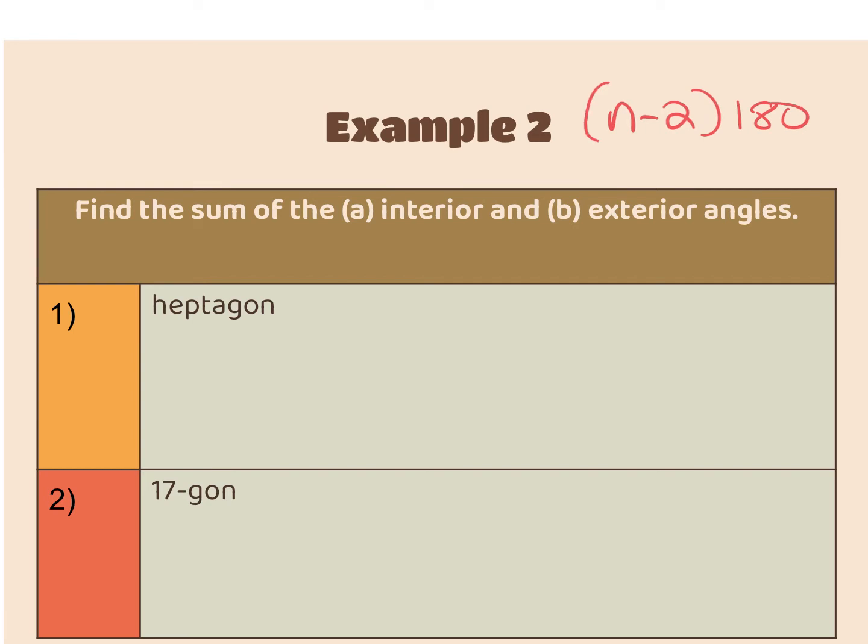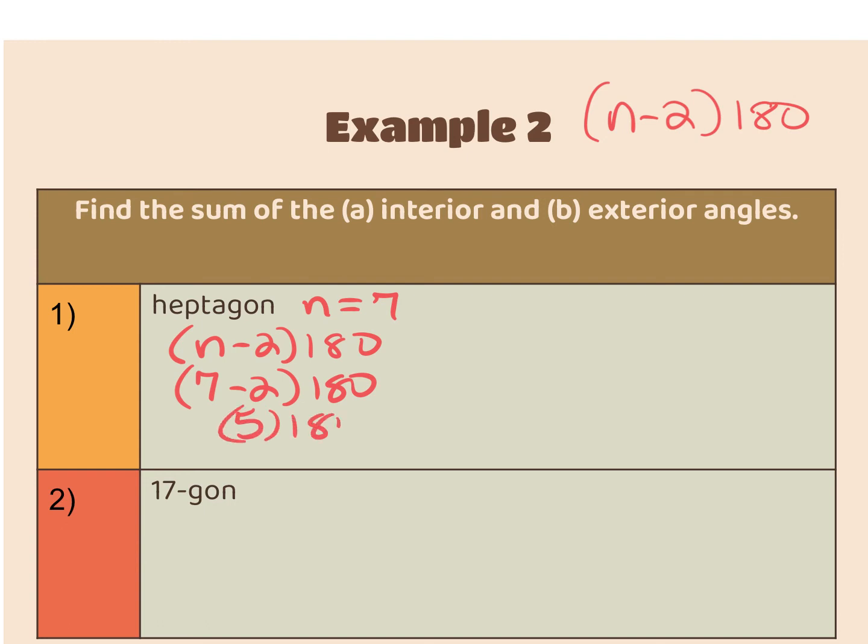Here's where I need to know how many sides are in the polygon names. So a heptagon is a 7-sided figure. So I'm going to be taking my formula, n minus 2 times 180. I'm going to take 7 minus 2, subtract, and multiply. 5 times 180, and the sum of the interior angles of a heptagon will equal 900.